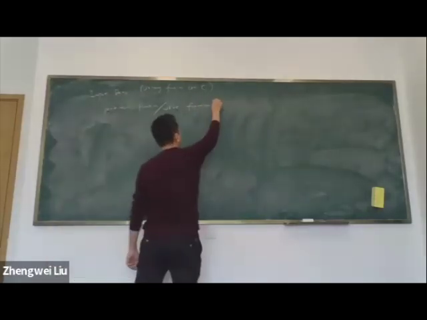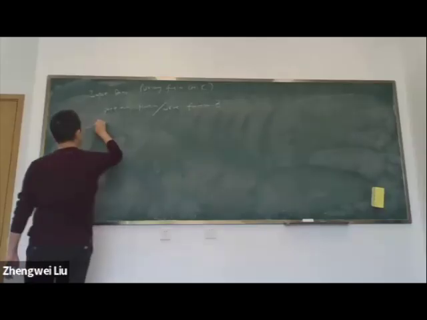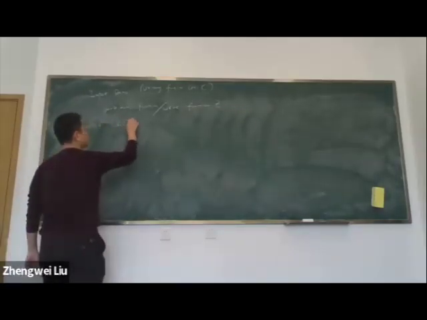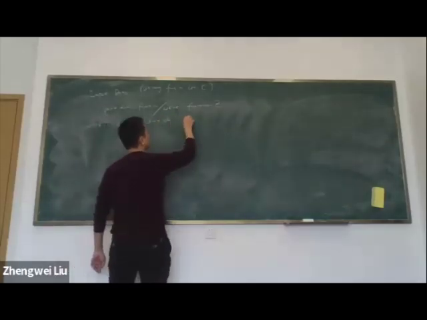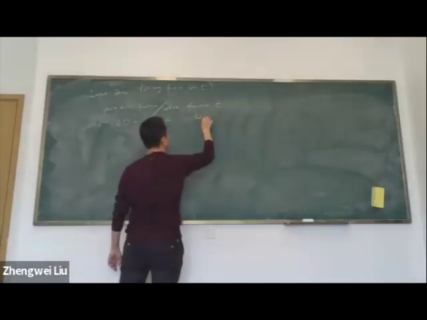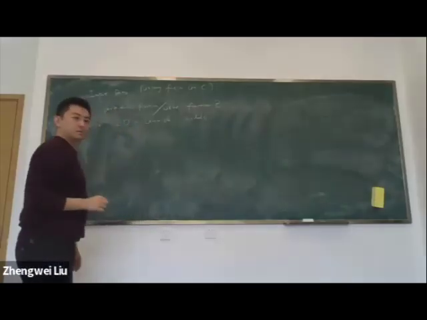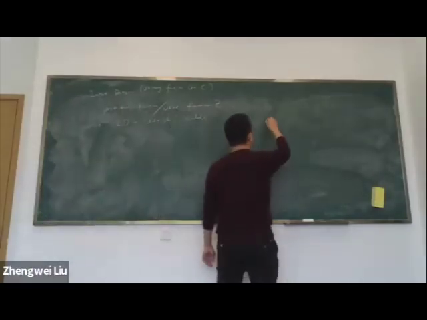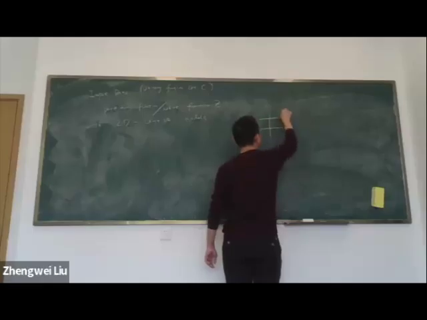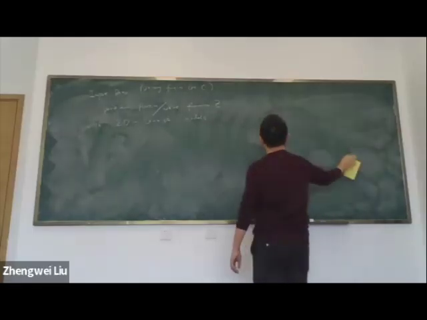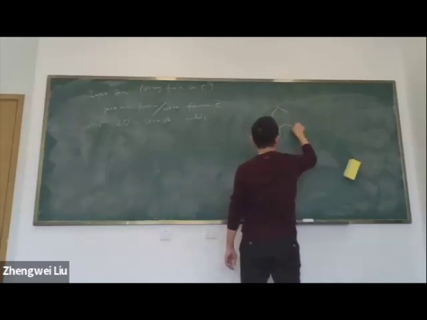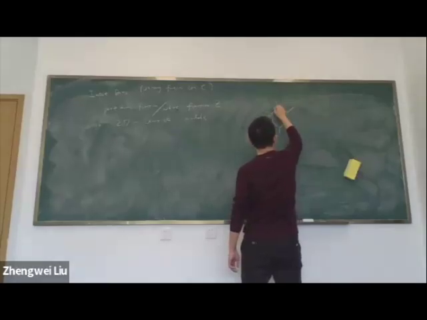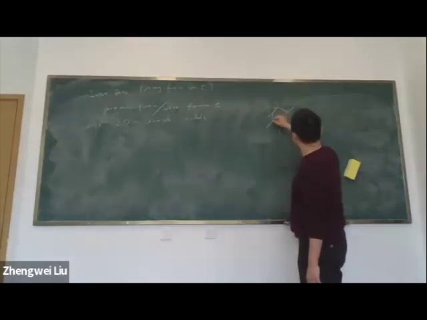Let's see, on the 2D lattice models. So what's that? You can consider the 2D lattice model in this way, and locally, let's write down the model because you have a local space.